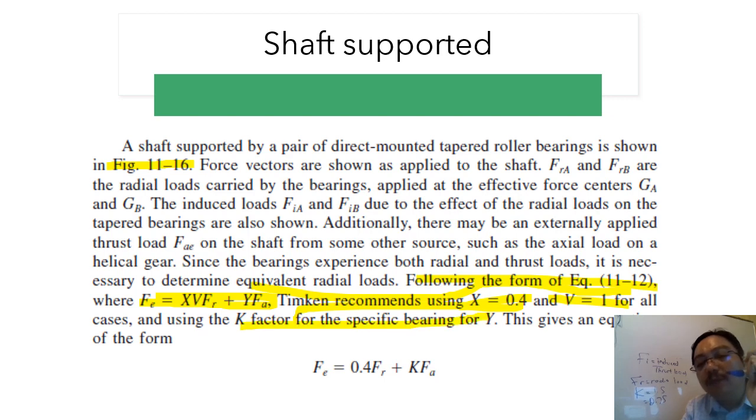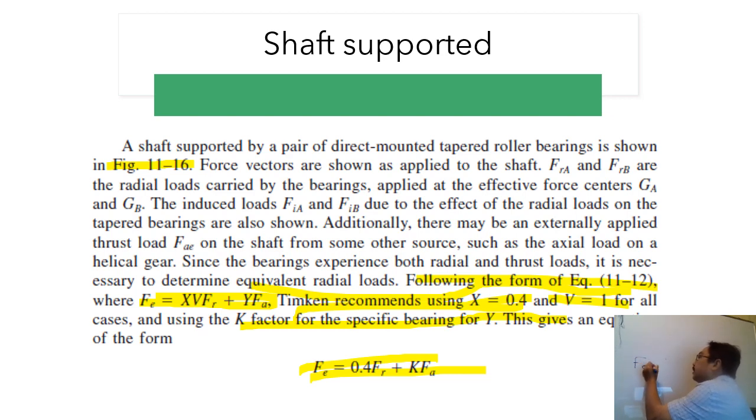Using the K factor for specific bearing, it is like this: 0.4 Fr plus K Fa. You see this equation, Fe equals X V Fr plus Y Fa.